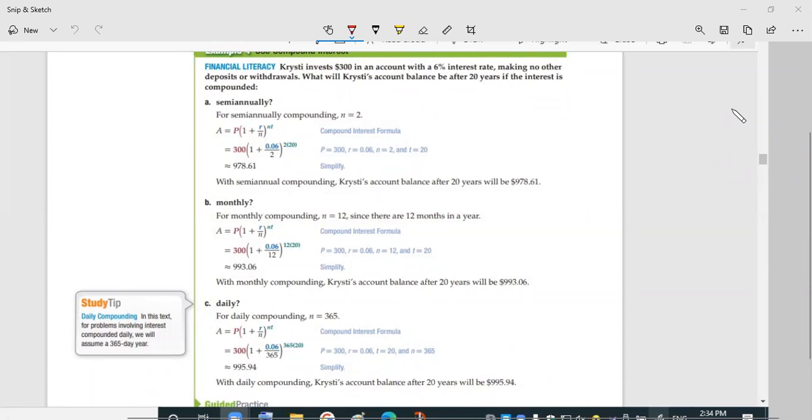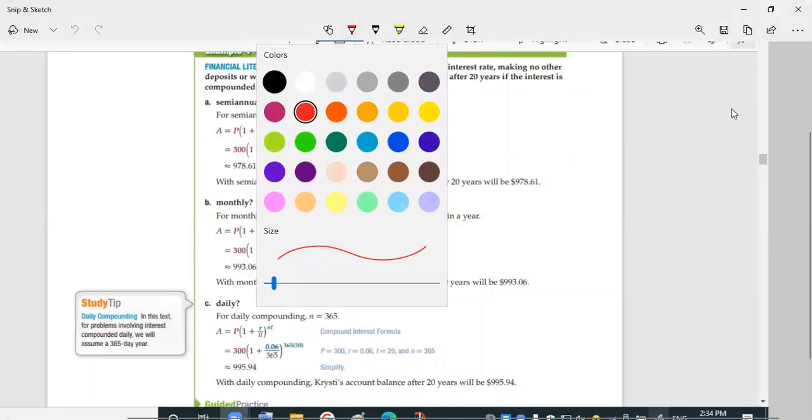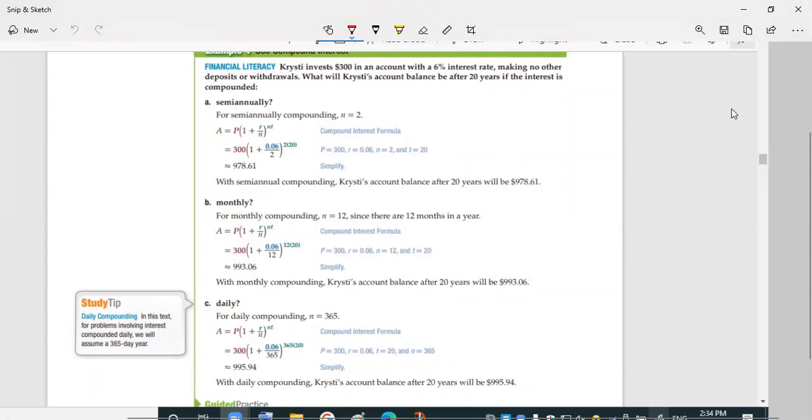Christy invests $300 in an account with a 6% interest rate, making no other deposits or withdrawals.